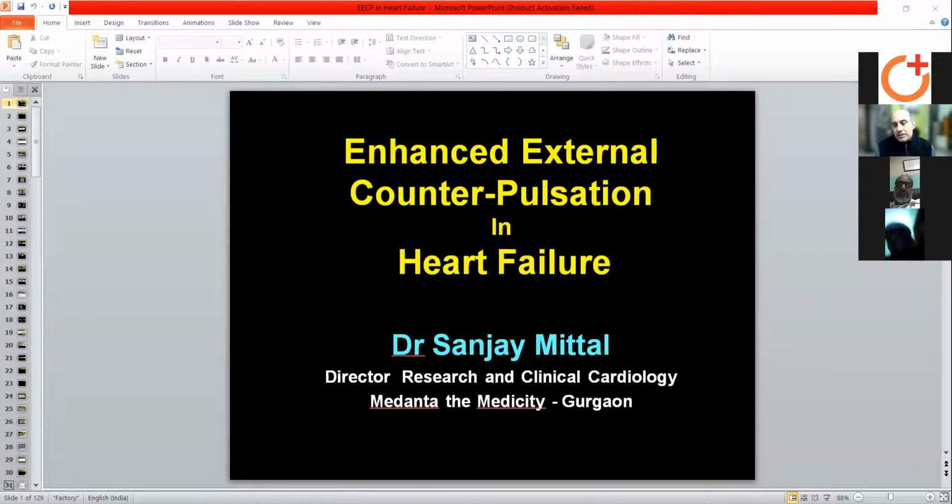SGLT2 inhibitors initially originated as drugs for diabetes, but this group of drugs has been so beneficial for patients with heart failure with reduced ejection fraction that they have become class 1A, that means priority treatment for heart failure with reduced ejection fraction. So in today's world, no prescription is complete unless it has beta blockers, MRAs, ARNIs, and dapagliflozin. Depending upon individual tolerance, they have to be given.